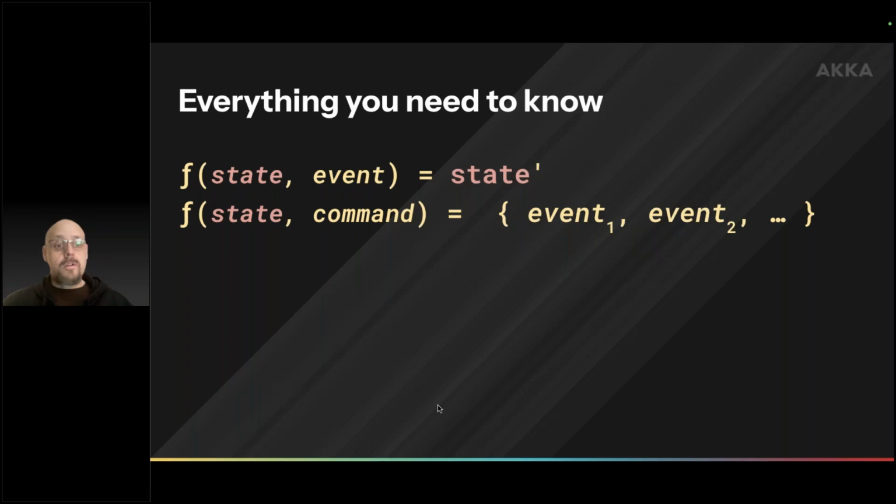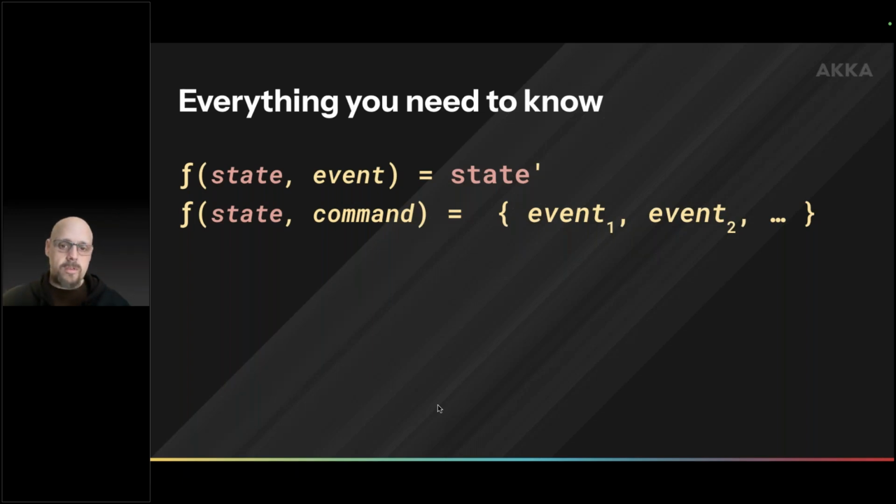And additionally, we've got a function for dealing with commands. So we take our state, we validate the inbound command based on that state, and then we produce events as output.